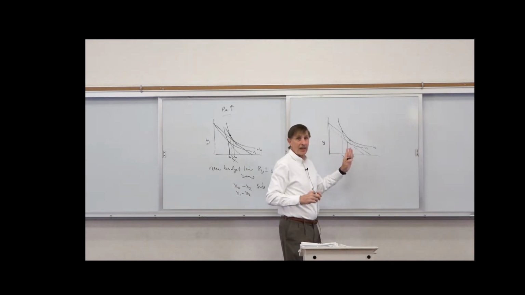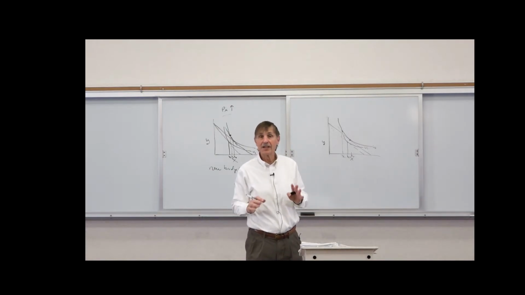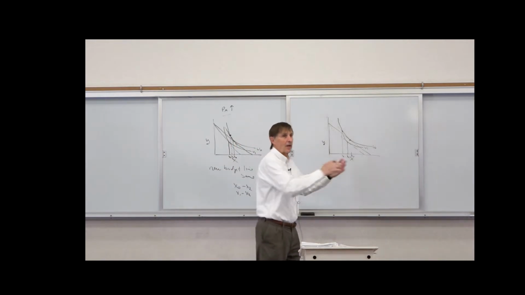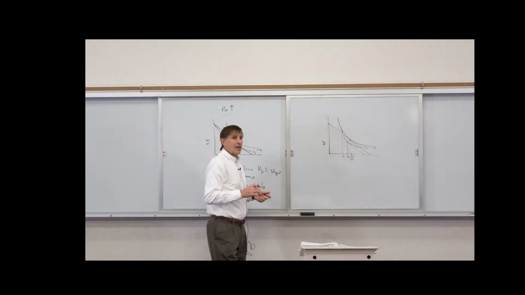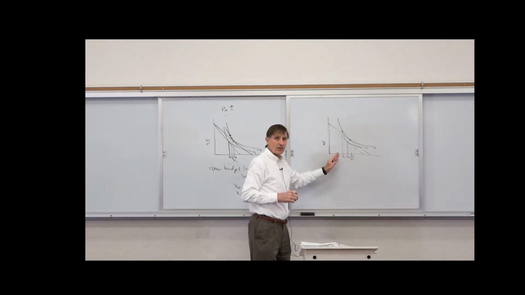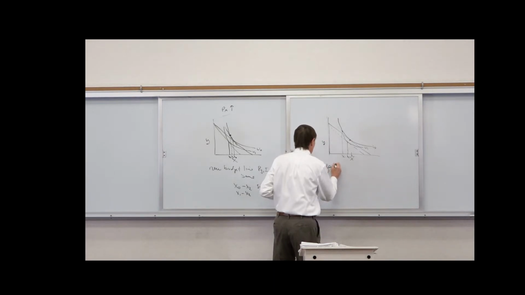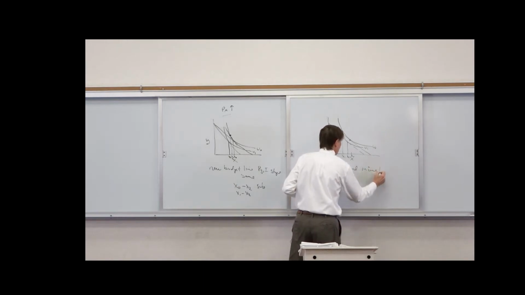It's possible that you could have a good that was sufficiently inferior that you could raise the price of it, and the income effect would outweigh the substitution effect, depending on how you drew the indifference curves. But for a normal good, the income and substitution effects are going to work in the same direction. For an inferior good, the income and the substitution effects go in opposite directions.